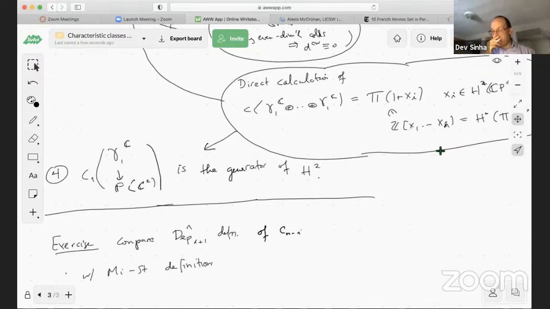Then that bundle is going to be a new base of a bundle where every point has a line going through it, and I can look at the unitary complement of that line, the Hermitian complement, or I can look at the quotient of my original bundle by that line. You then, for example, look at the Euler class of that, and that ends up being Cn minus 1.